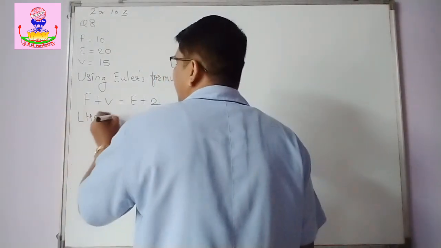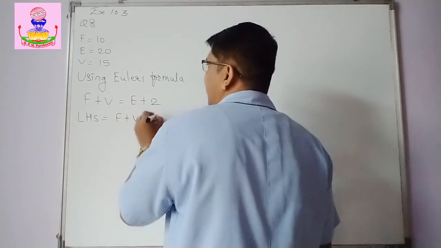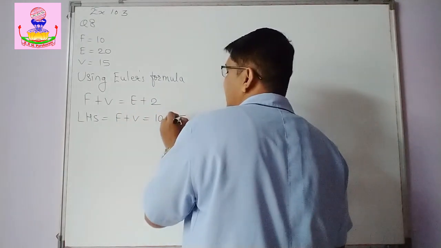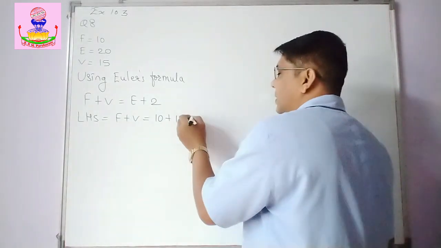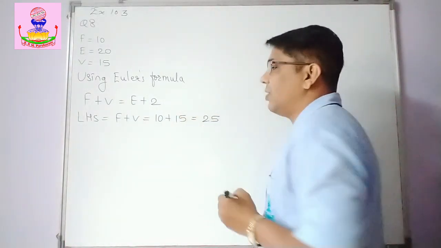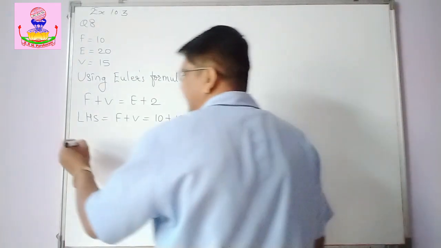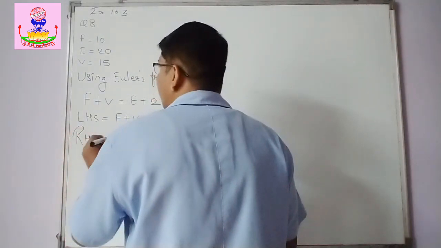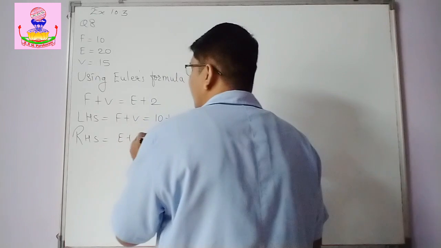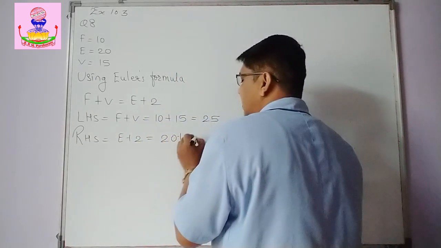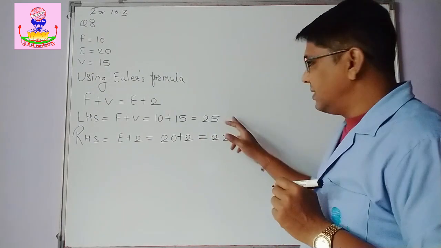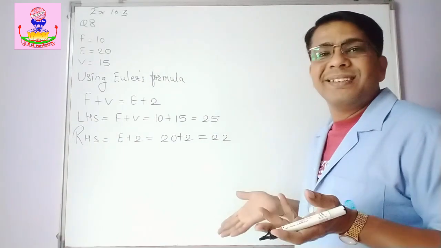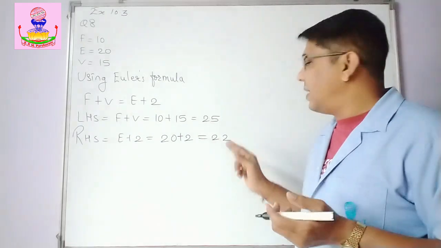Now LHS, what is that? F plus V. What is F? 10. V is 15. So F plus V, 10 plus 15. How much? Oh my God, 25. RHS, E plus 2. What is E? 20. 20 plus 2, 22. Now, is LHS equal to RHS?